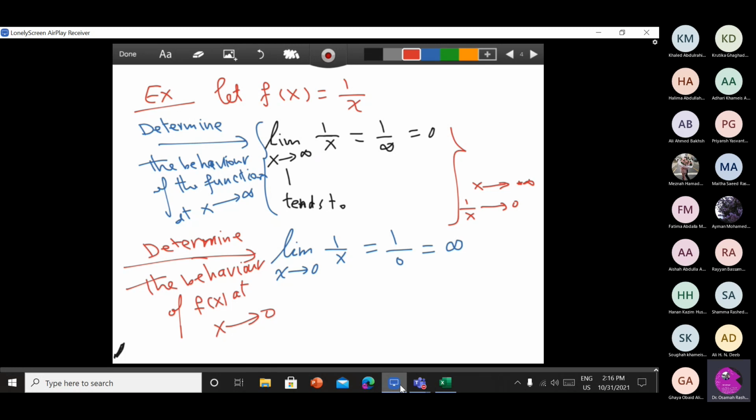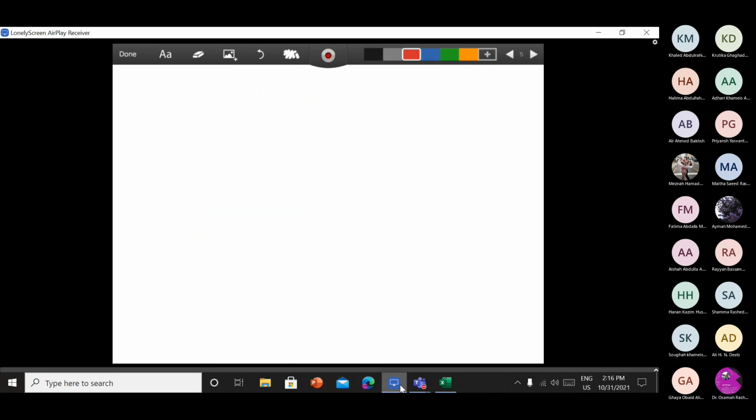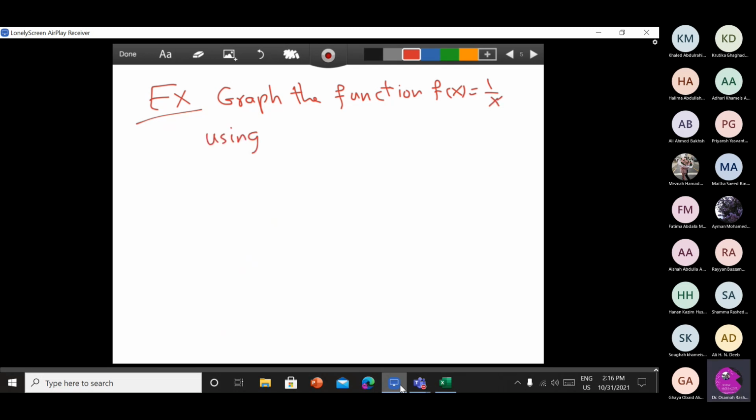Let's graph this one to see what the point of having the limit is. I'm asking you to graph the function f of x equal to 1 over x using limits.